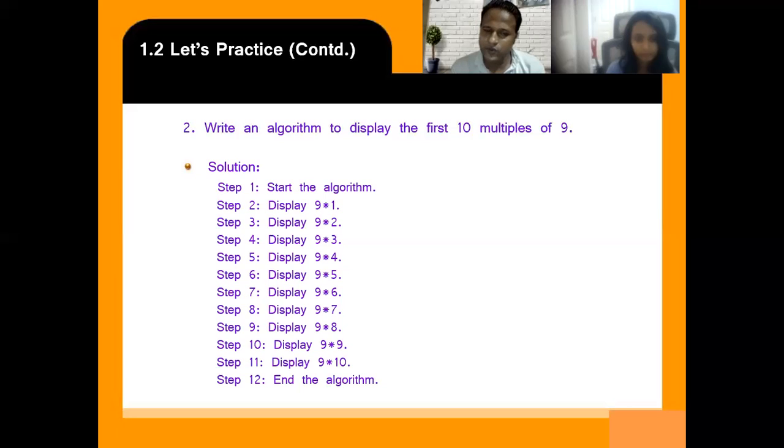At step 12 you will say end algorithm. So start the algorithm, display 9 into 1, display 9 into 2, then display 9 into 3. So up to 10 of the multiplication table we have displayed. 9 into 1 is 9, 9 into 2, 9 into 3. So it is the multiplication table of 9. Clear? Yes, clear.